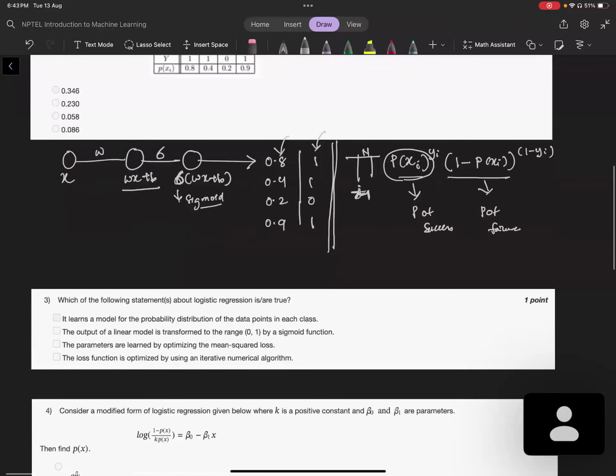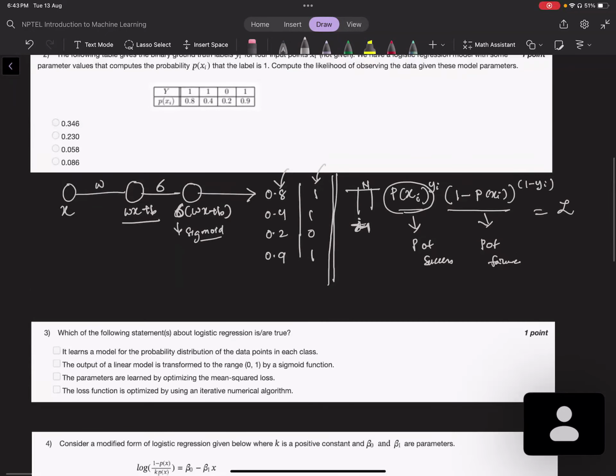And so this is the formula for likelihood, and we maximize this likelihood. When we maximize it, we equate the derivative to 0 and we get a solution. Since we are just calculating the likelihood, we'll just put the values in here and you'll get the solution.